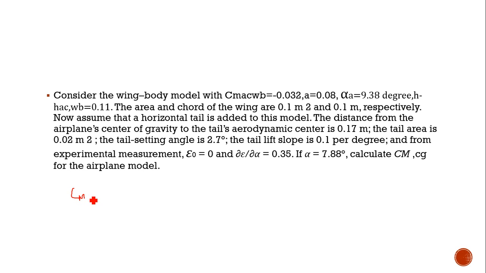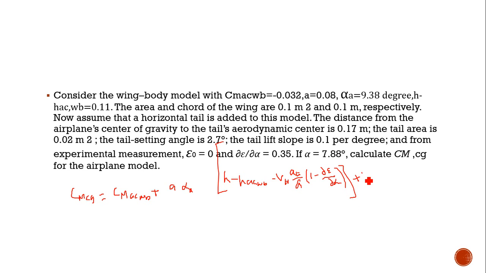So CMCG equal to CMACWB plus A into alpha A into H minus HACWB minus VH into AT divided by A into 1 minus dou epsilon divided by dou alpha plus VH into AT into IT plus epsilon naught.